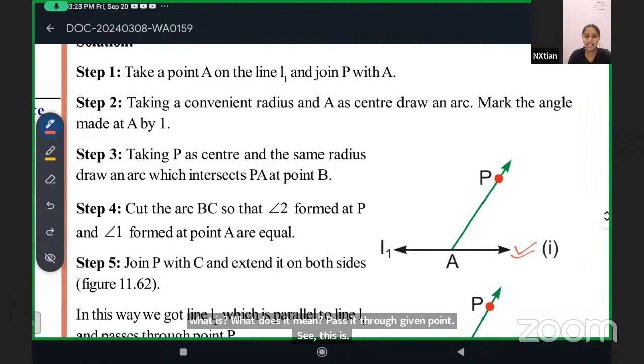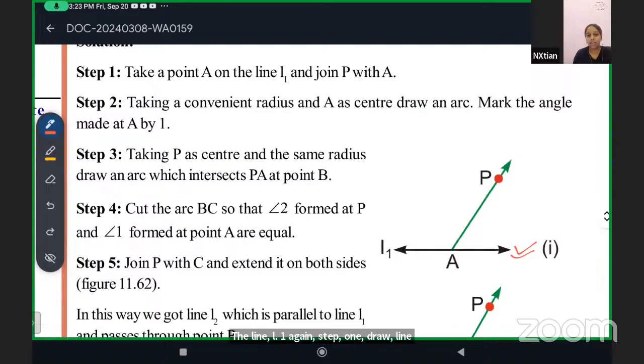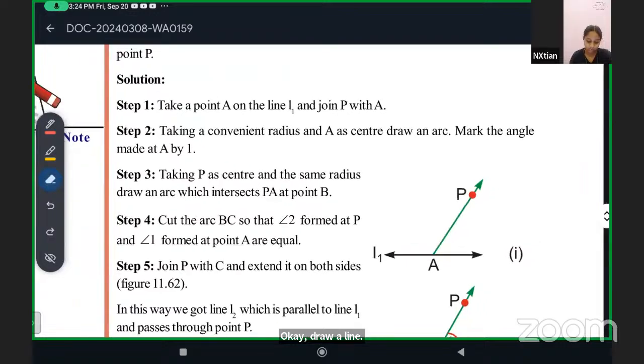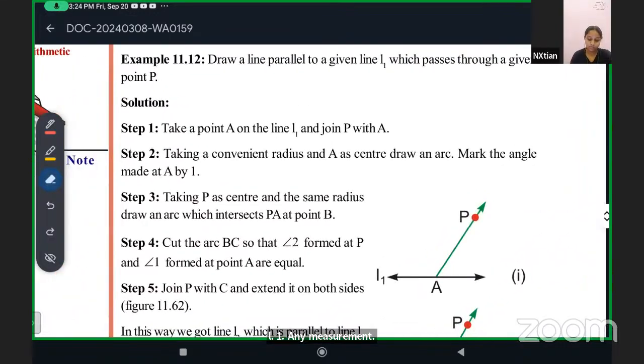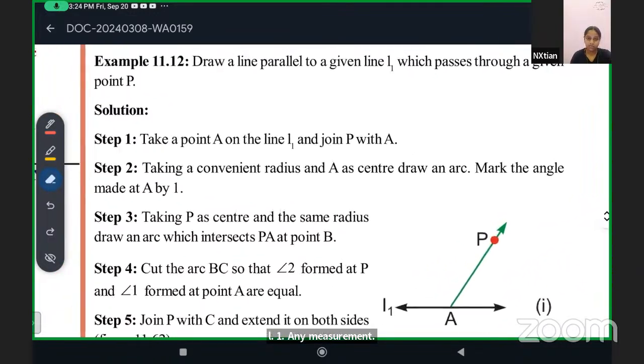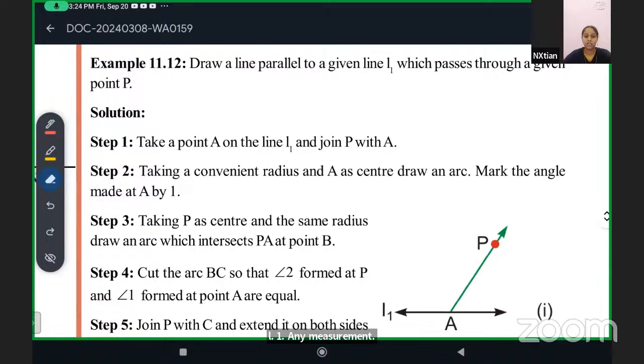Again, step 1, draw a line L1, any measurement.